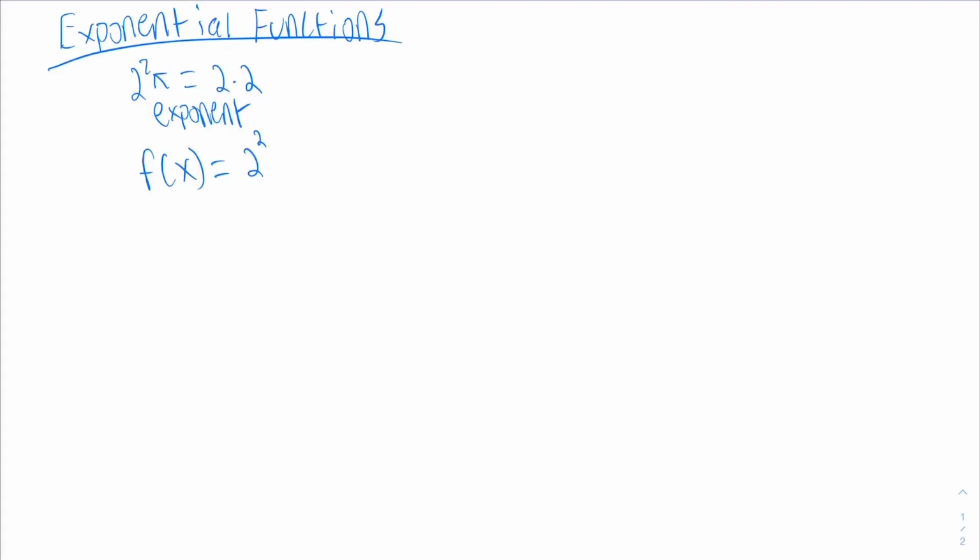Since there's nowhere to put the x, and this is called an exponential function, we're going to erase the exponent, and the x is going to be the exponent. The variable is the exponent. So in an exponential function, we have the variable as an exponent.